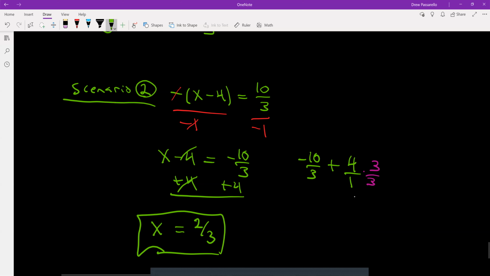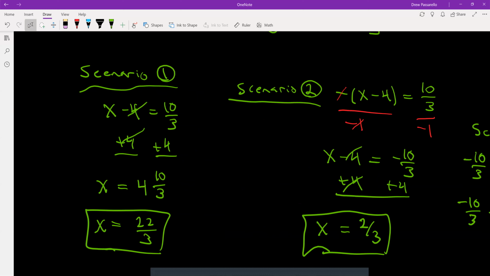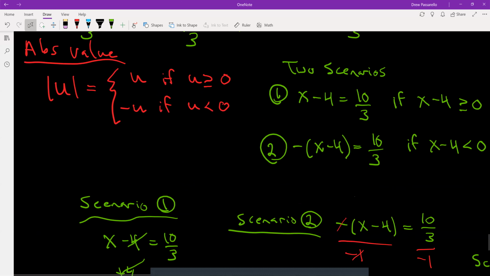So really, it's negative 10 thirds plus 12 thirds, which gives me 2 thirds. All right, that's just the scratch work for how I got the 2 thirds. So two answers, 22 thirds and positive 2 thirds.